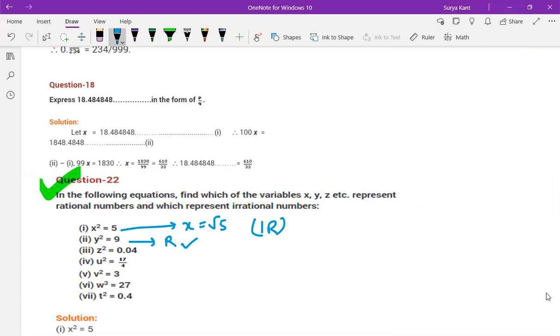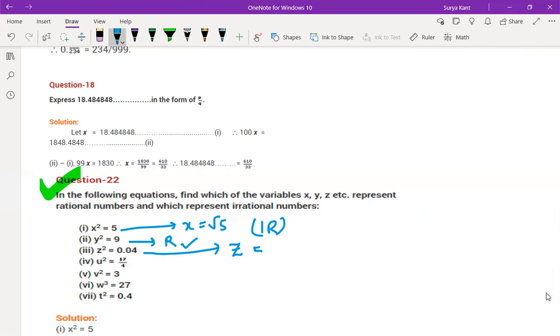What about z? Z is rational or irrational? Children, tell me fast. Z is rational or irrational? Is it irrational?